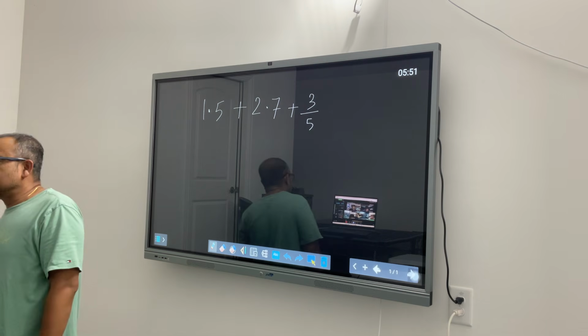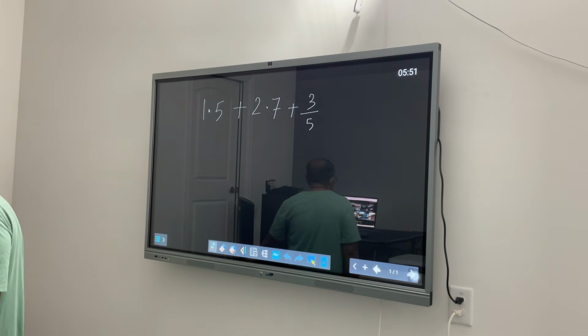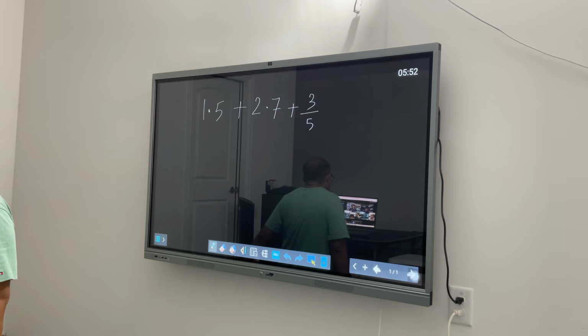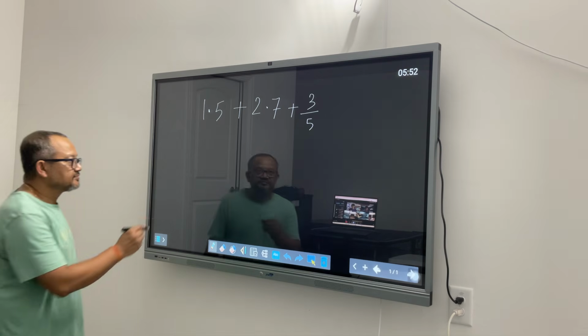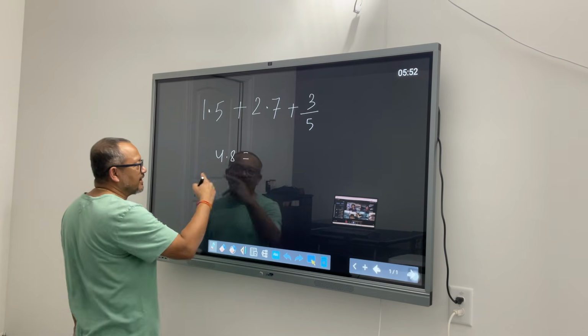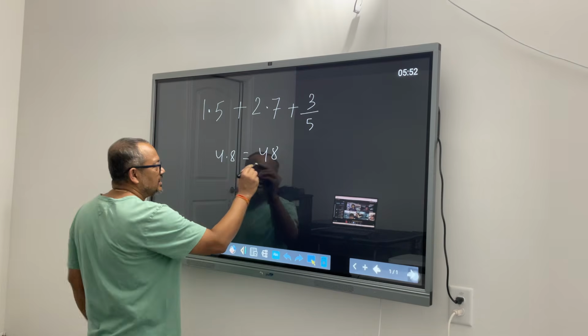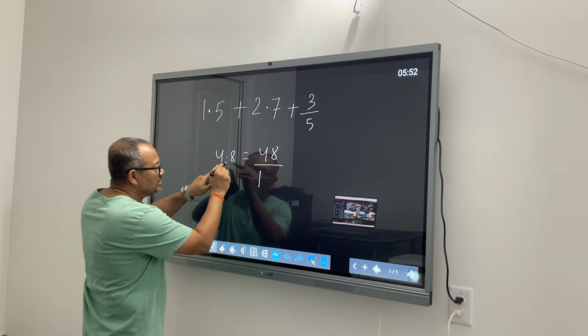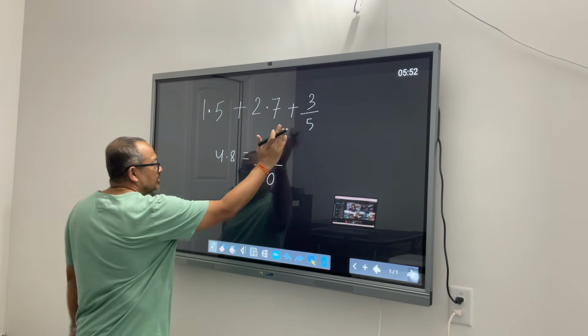So eventually Sid and Anika have got the same answer. Sid is representing his answer in decimal form 4.8 and Anika is representing her answer in fraction form 48 over 10. So 4.8, if I convert that to a fraction, it becomes 48, 1 for the decimal, 1 digit, 1 0. Okay, 48 over 10.